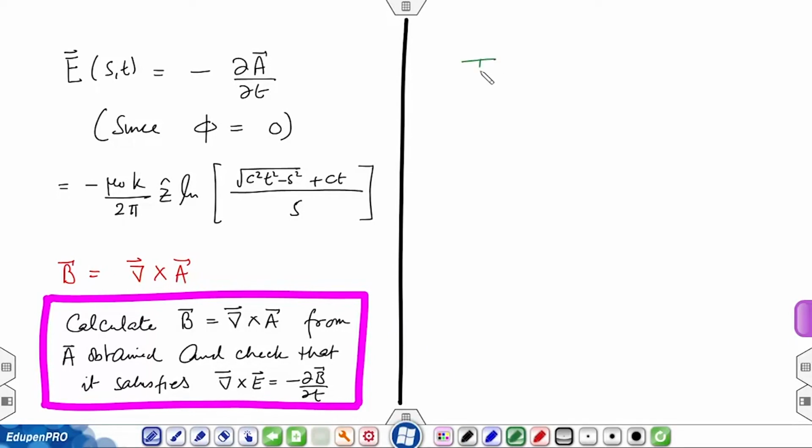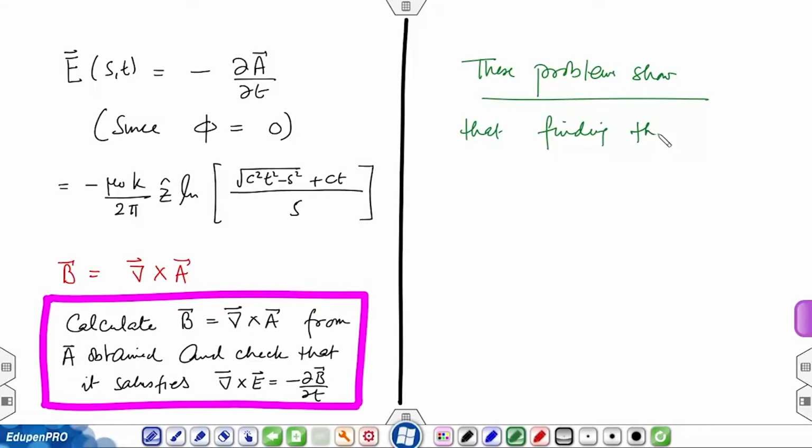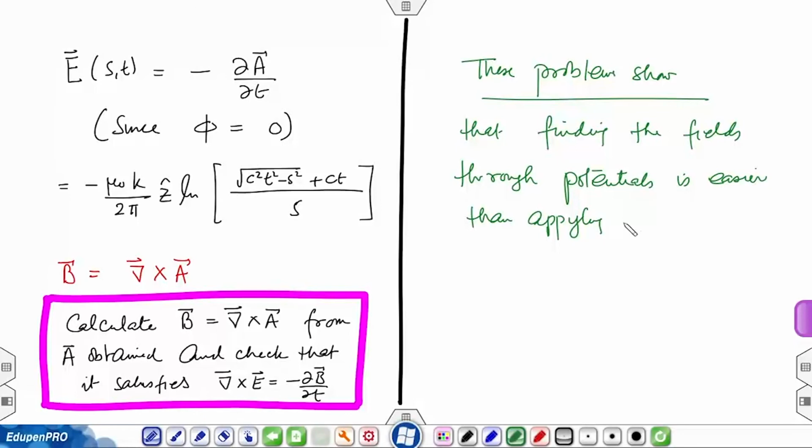So, these problems show that finding the fields through potentials is easier than applying direct formula.